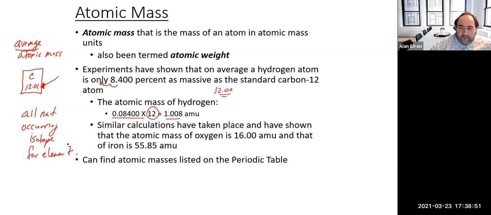Most elements have multiple naturally occurring isotopes. What we see on the periodic table is an average of all those naturally occurring isotopes, I won't say added together, but calculated in a sense.